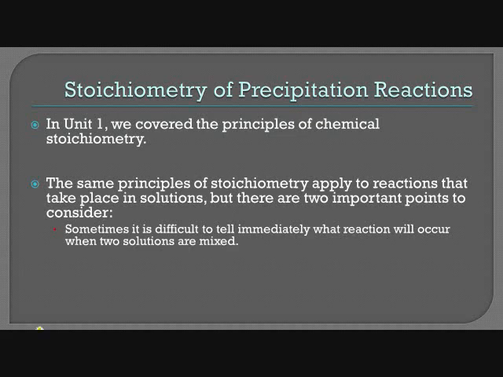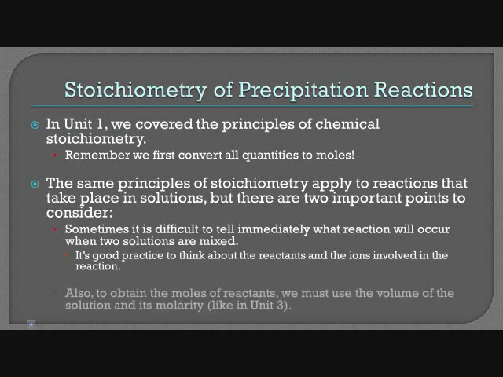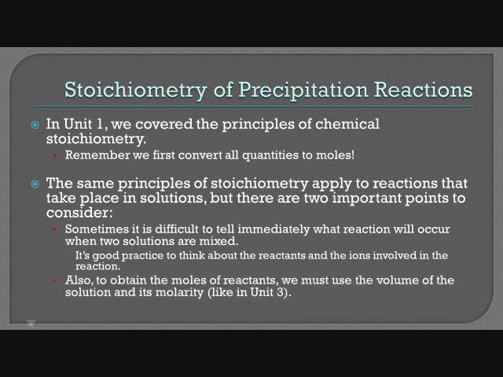We want to convert all quantities to moles at all times, but it's good practice to think about the reactants and ions involved in the reaction. Also, it's important to obtain the moles of the reactants. So we might need to use molarity, like in Unit 3, moles over liters equals molarity.